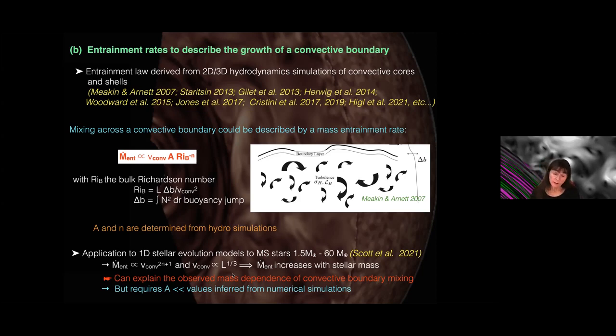But the difficulty is that in order to reproduce observations, the constant A in this entrainment law needs to be much, much smaller than the values inferred from numerical simulations. So there is more work definitely here on this aspect of entrainment, and more things to understand about how this process is really working and how this can be applied to the stars.